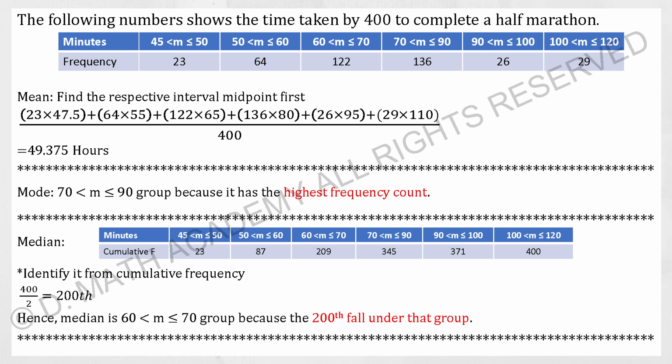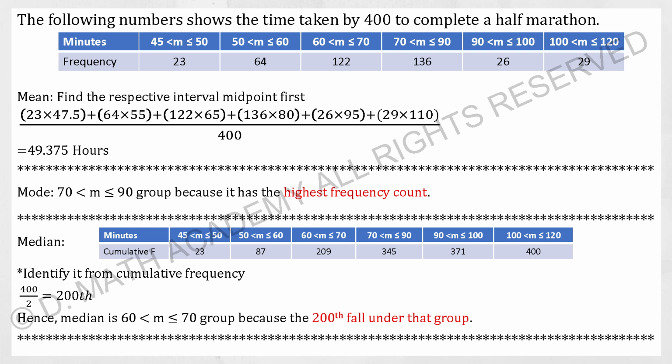For the next one, to find the median, you are required to trace it back using the cumulative frequency concept. The first thing I did was calculate the median position, which is the center value of 400. It will fall under 200. From there, you're required to trace where the 200 falls.